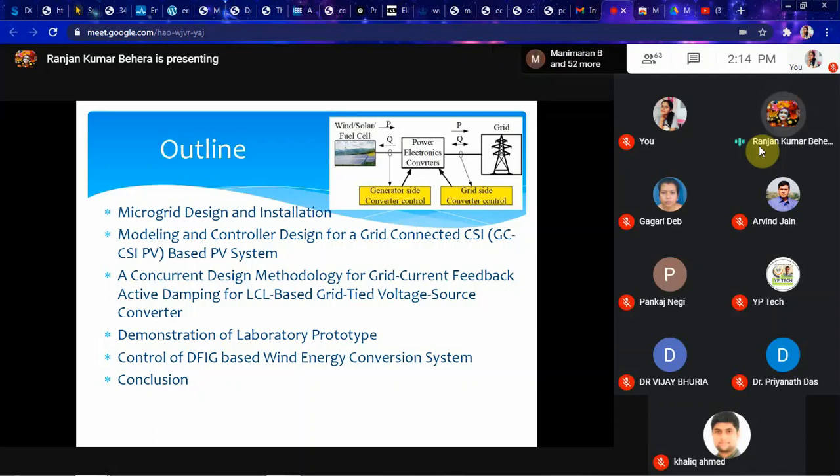And there is a concurrent design methodology for grid current feedback. So generally, like you have two kids. One kid is doing very good study, the other kid is doing very good music. Both are in different directions actually. By staying together, each will get some benefit, and they will exchange some ideas.